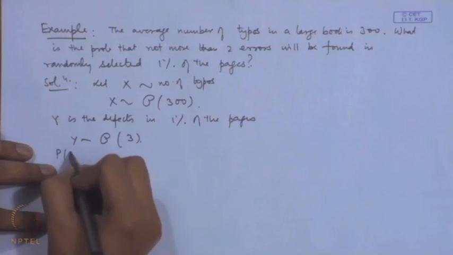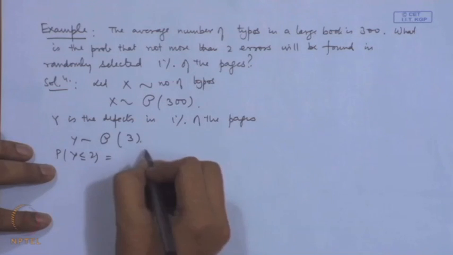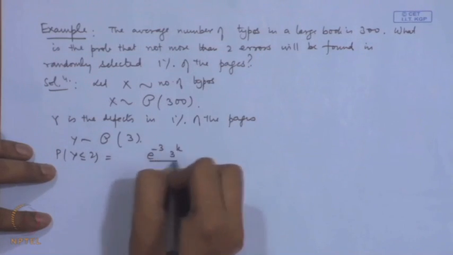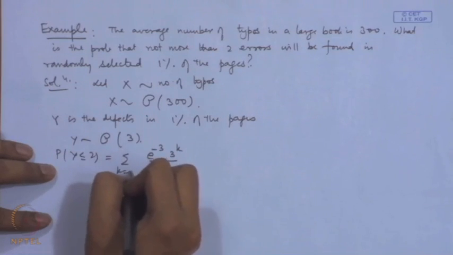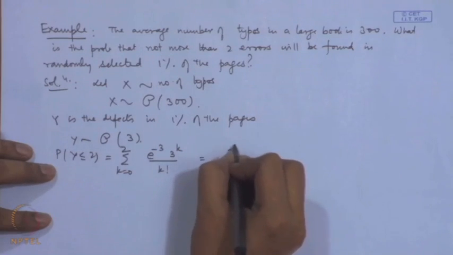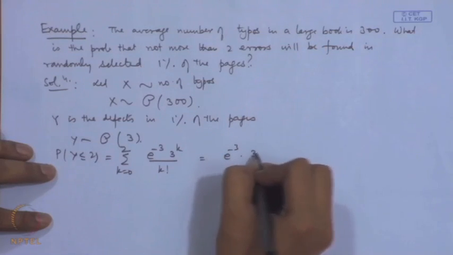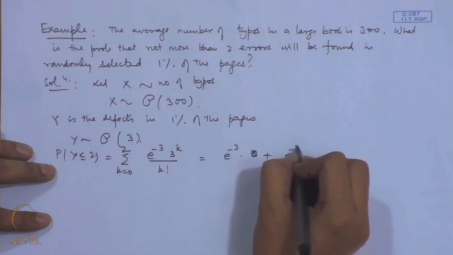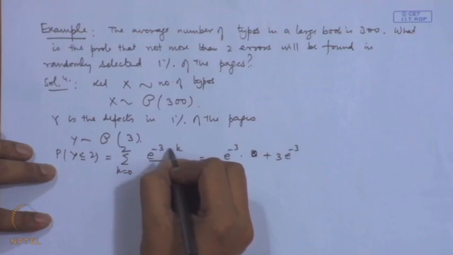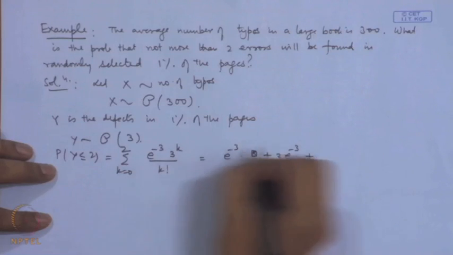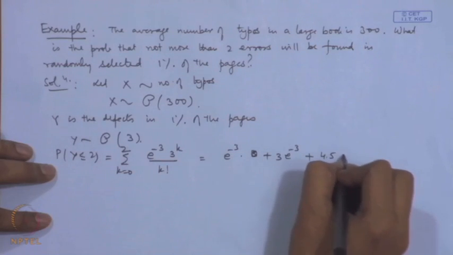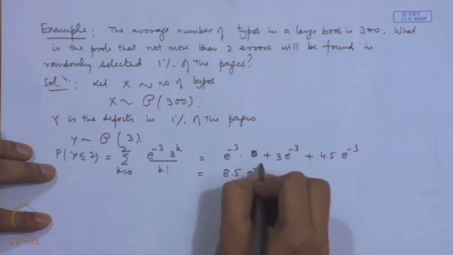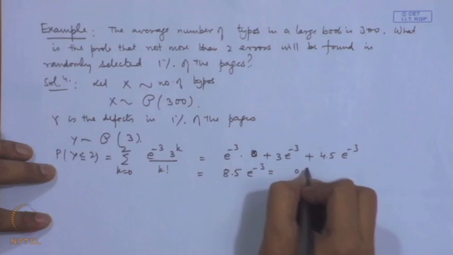Now, we want probability of Y less than or equal to 2, that is equal to the sum over k equal to 0 to 2 of e to the power minus 3 times 3 to the power k by k factorial. When we put k equal to 0, I get e to the power minus 3. For k equal to 1, I will get 3 e to the power minus 3. For k equal to 2, I will get 4.5 e to the power minus 3, that is equal to 8.5 e to the power minus 3, that is equal to 0.4232.